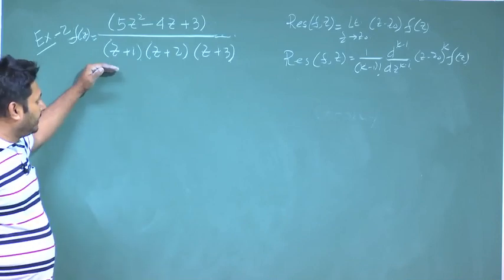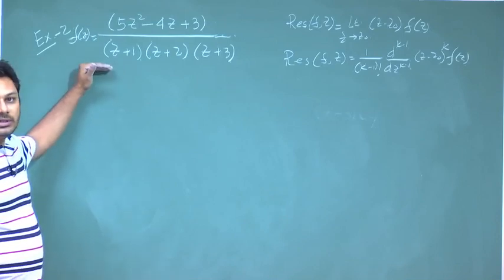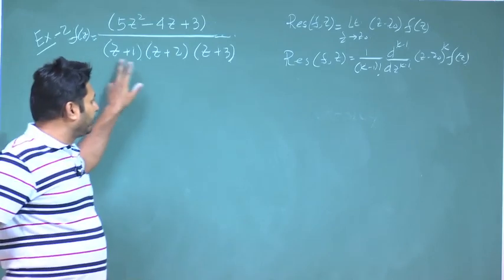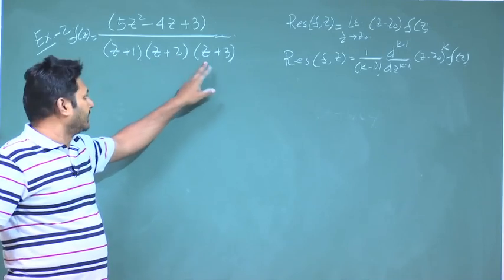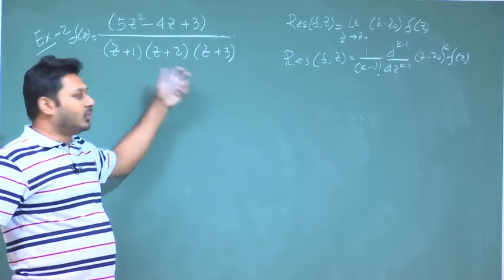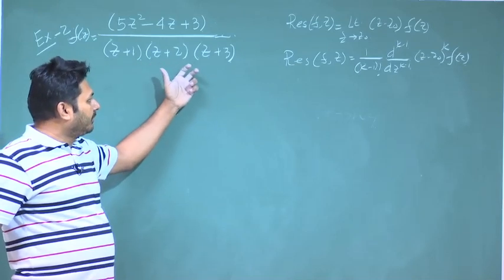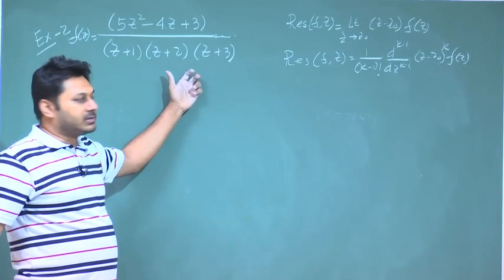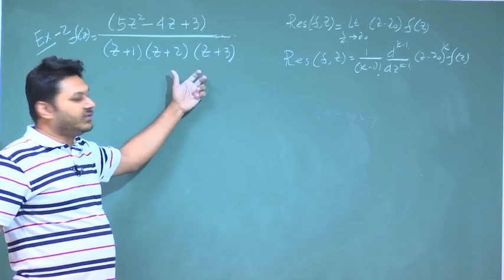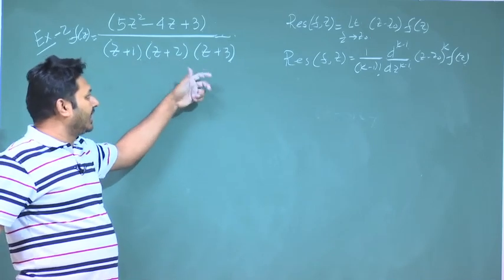This problem looks very straightforward, because all the poles are simple. Once we have simple poles, the problem is very simple, since no derivative is required. So, let us do that and try to find out.